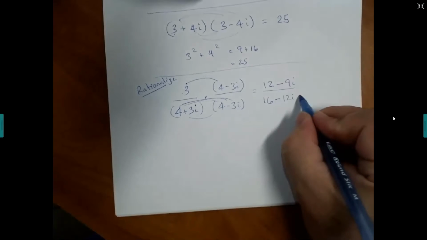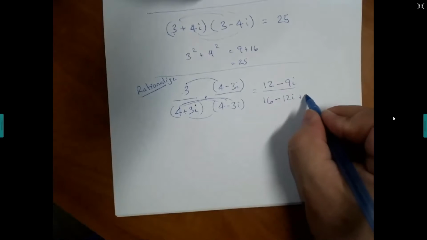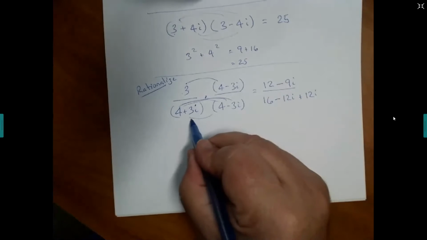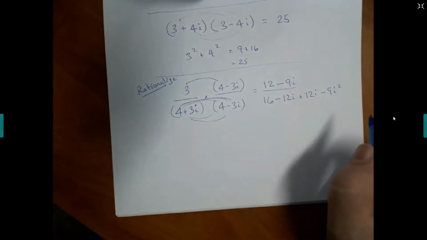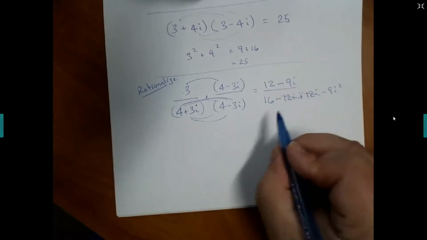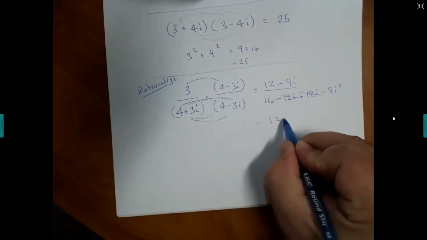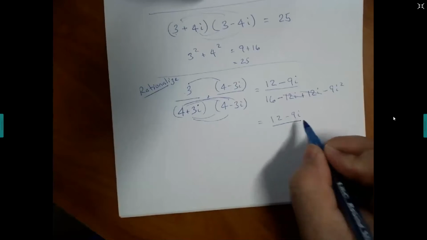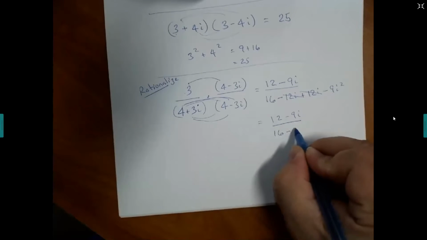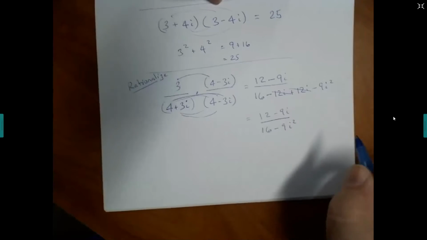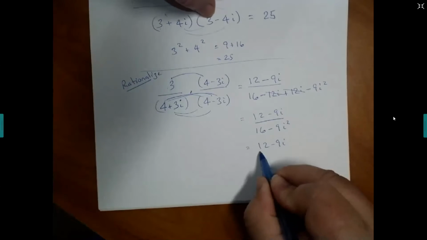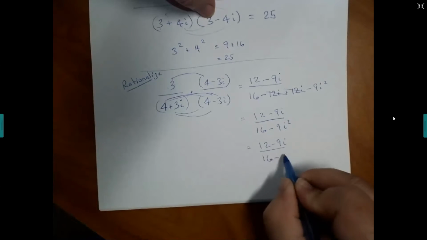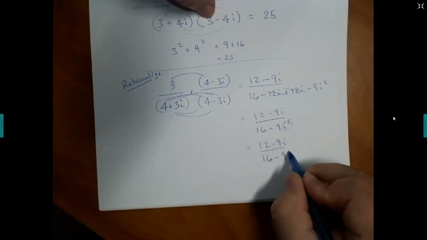Positive times negative is positive. 3 times 4 is 12i. Positive times negative is negative. 3 times 3 is 9i squared. 16 minus I squared. I squared is -1.